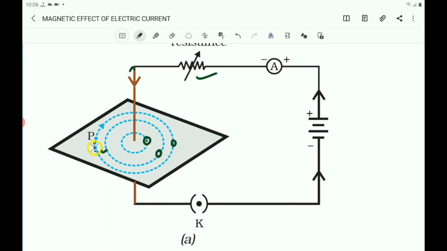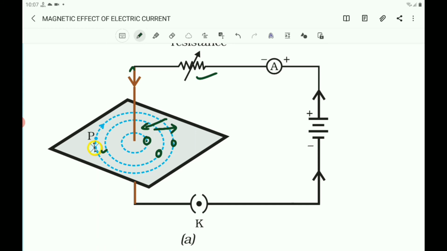This shows that the magnitude of the magnetic field produced by a given current decreases as the distance from it increases. As the distance from the current carrying conductor increases, the magnetic field goes on decreasing. So as you move towards the conductor which carries the current, the strength of the magnetic field increases.